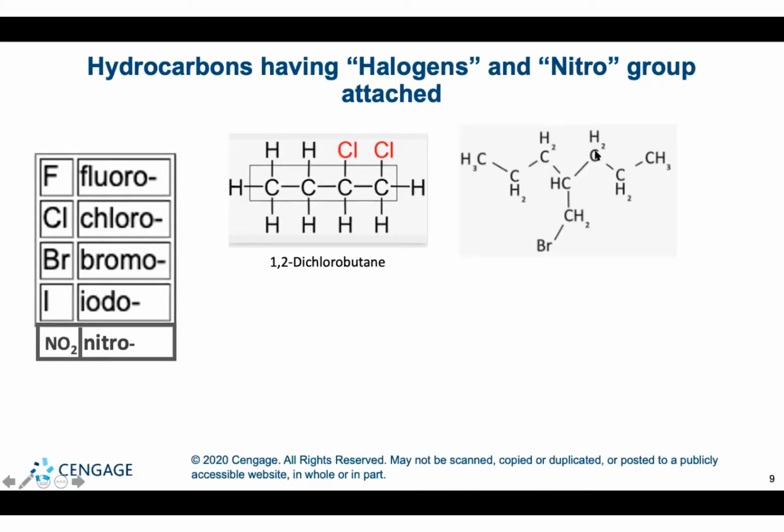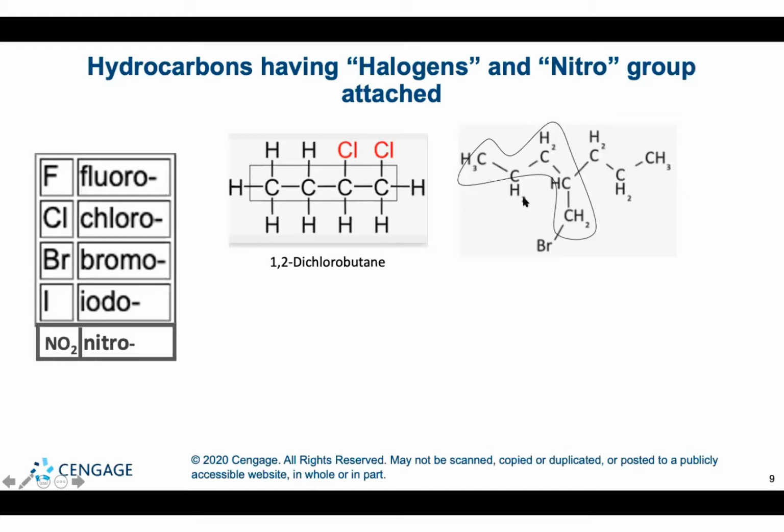What about the second one here that has a bromine? For this compound, guys, again, I should find the longest chain, but pay attention, my longest chain that I want to find should have more branches on it. If I choose this one as the longest chain, I see that I have 2 branches on the longest chain, bromine and propyl.